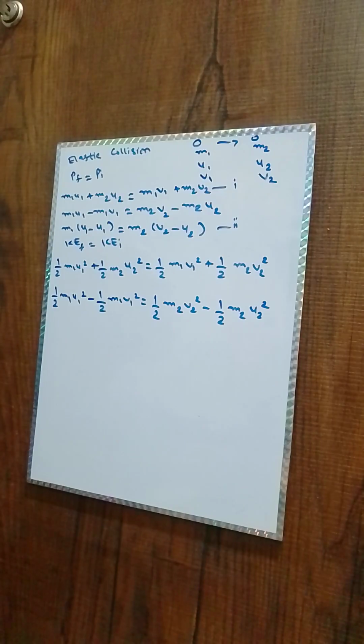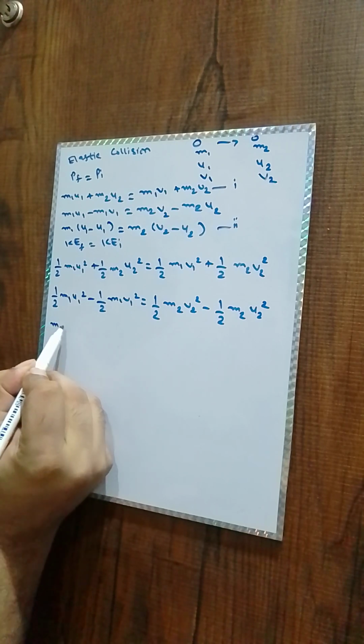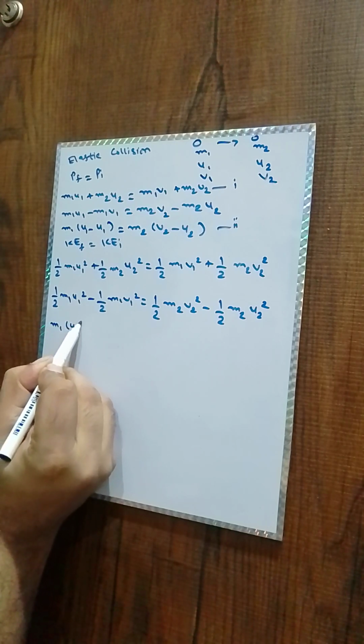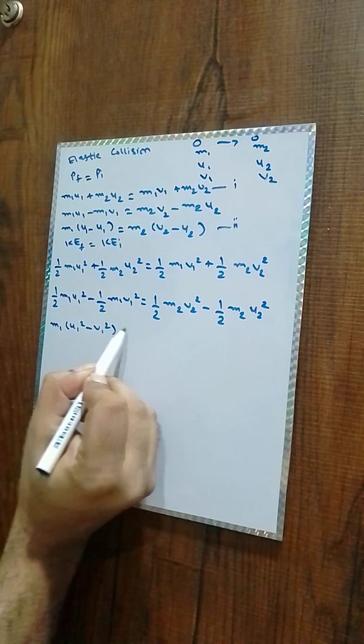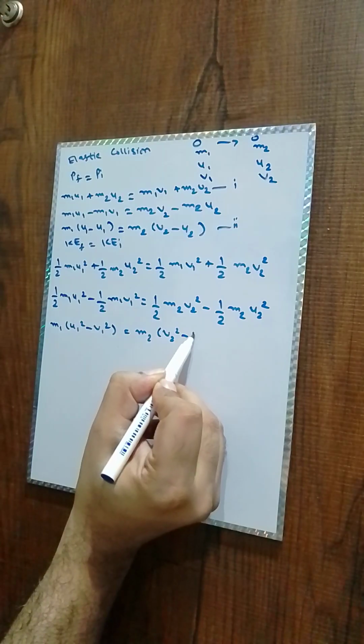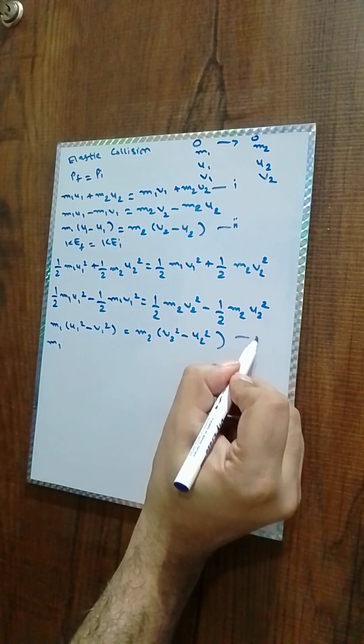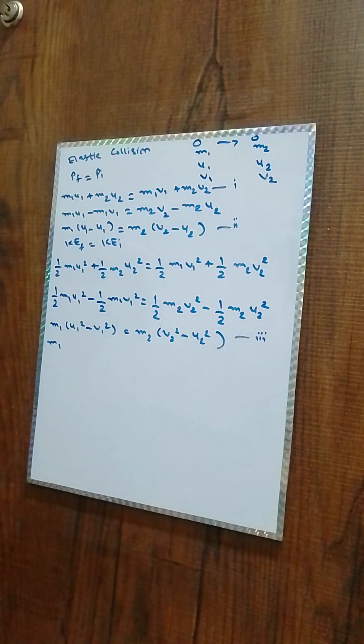Okay, so now we take the factors out. 1 by 2 cancels out, so m1 (u1 square minus v1 square) is equal to m2 (v2 square minus u2 square). So this is equation 3 now.